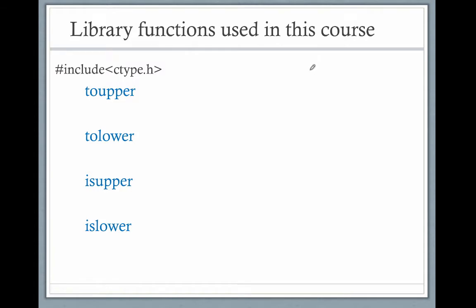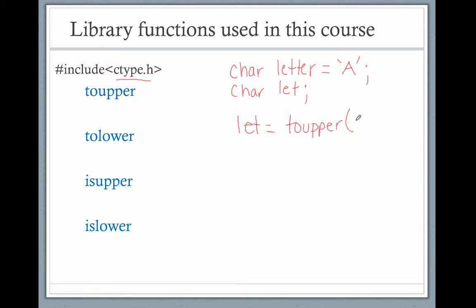If you have a character like char letter equals A, and then you have another character, char let, then as long as you include ctype.h in your program, you could say let equals toUpper, passing it letter.